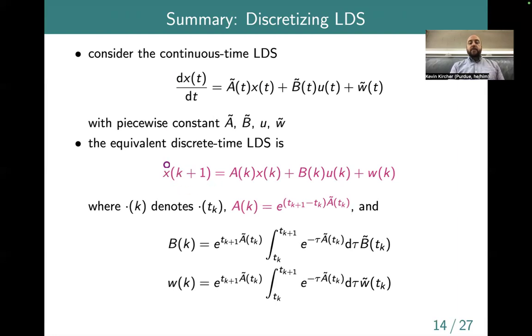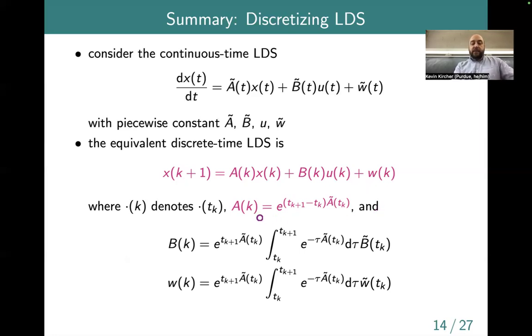In that case, we get an equation that allows us to simulate our linear dynamical system. It basically says that x at k+1, where here we've used the notation where rather than writing t subscript k+1, we just write k+1 instead. So x at the next time is equal to A times x plus B times u plus w.